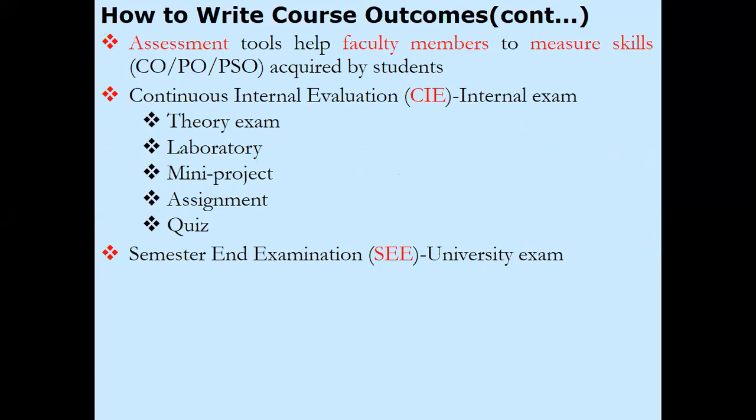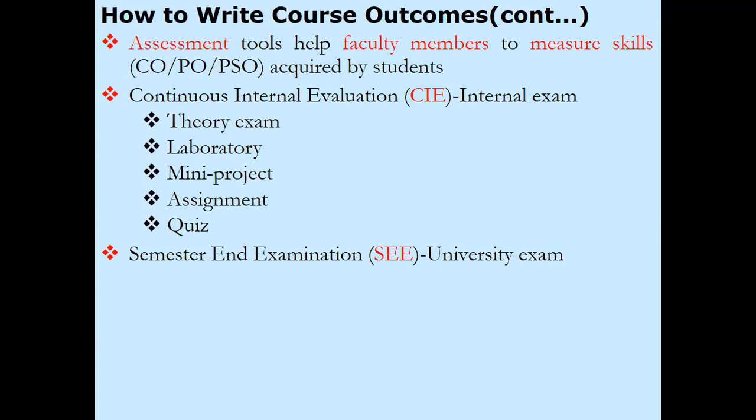I already told that for CO, I can use certain tools, like theory exams, project works, even assignments. In a sense, these skills, like apply skill, analyze skill or design skill, will be demonstrated in the form of COs by the student through various tools, like theory exams, laboratory exams, mini project, even assignment, even quiz also.